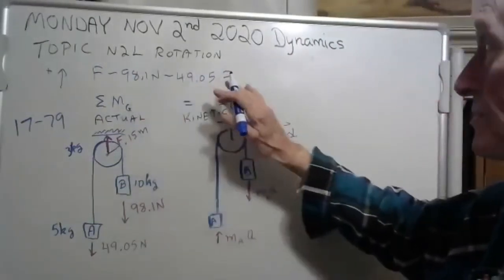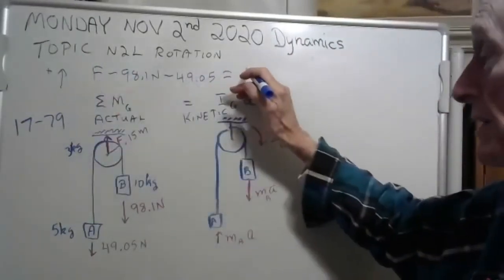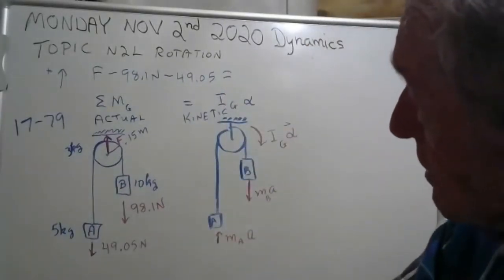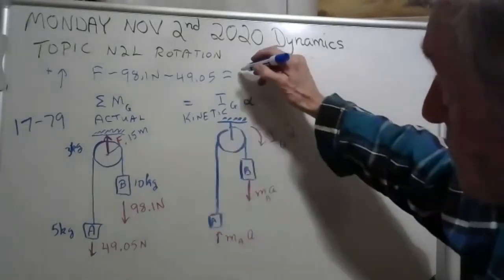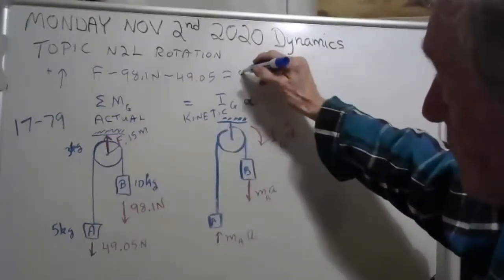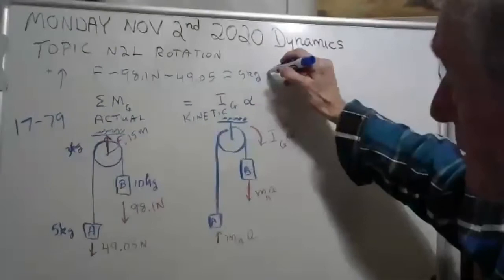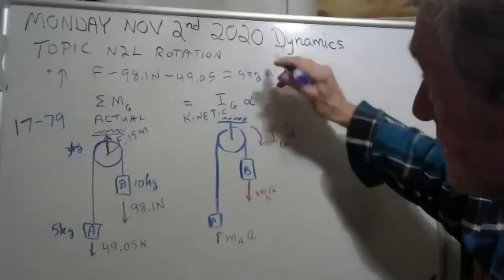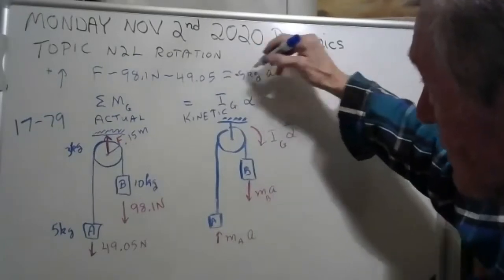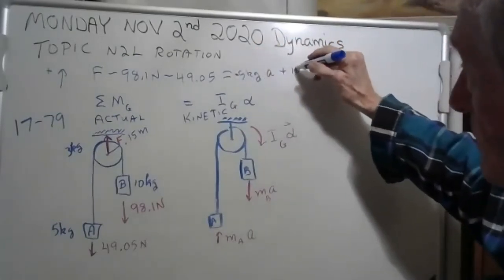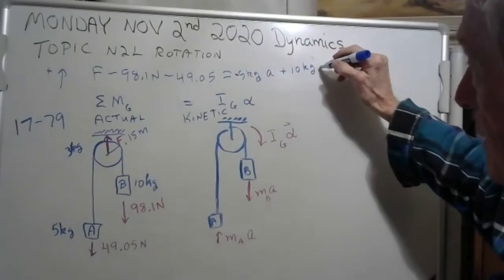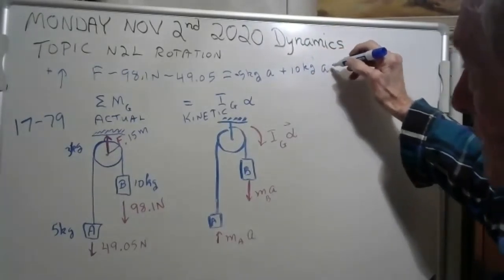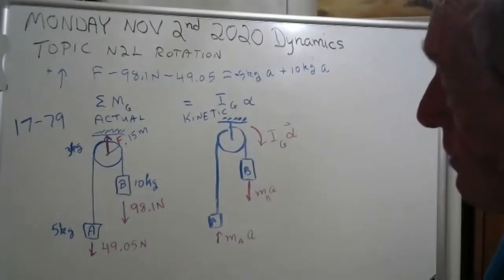And on the right-hand side, I had to erase it, but on the right-hand side we have the acceleration. We have 5 kilograms times the acceleration, but that's negative because it's going down. And then we have 10 kilograms times the acceleration, and that's positive because it's going up.